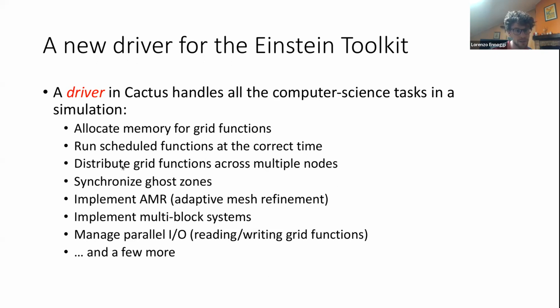It takes care of distributing grid functions across multiple processes, multiple nodes, and synchronizing the ghost zones when you have multiple components, multiple refinement levels in your grid. It takes care of actually implementing adaptive mesh refinement. As we will see, adaptive mesh refinement in this new driver is provided by the AMRX infrastructure. So I will be telling you a little bit about that.